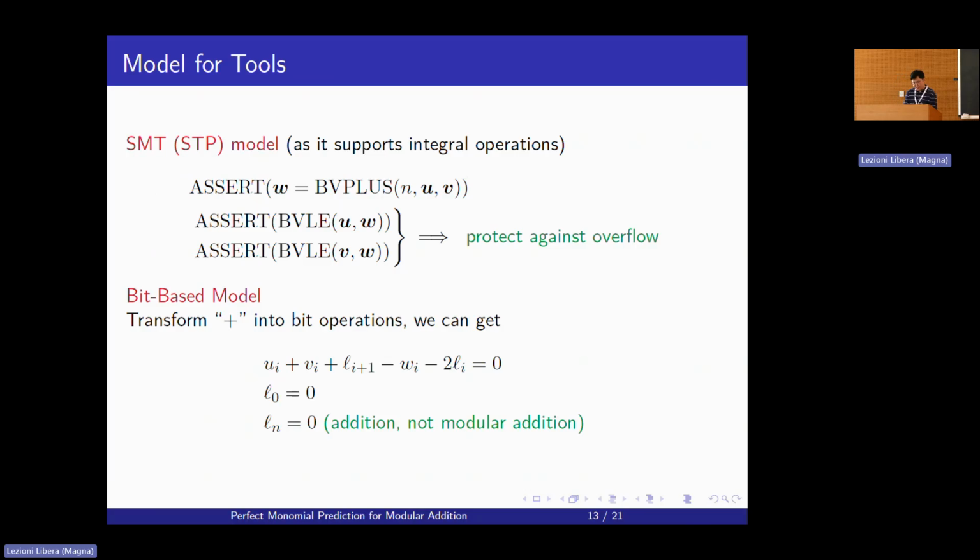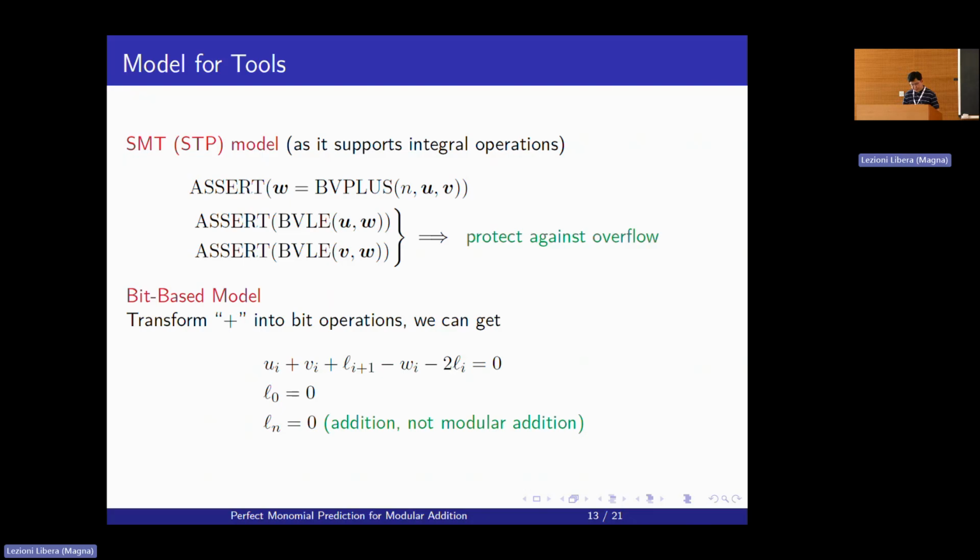So with these propagation rules, we can very easily develop some models for tools. The first model we provide is the SMT model, because SMT solvers directly support the addition. So you can write it in a direct way. The following two constraints provide protection against overflow, because it's the addition for integers rather than a modular addition.